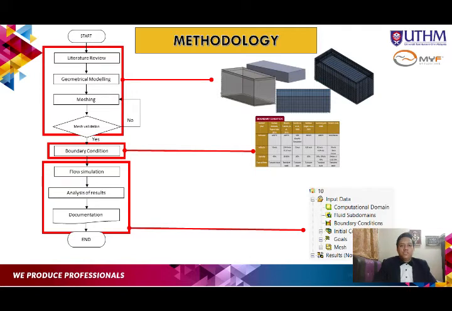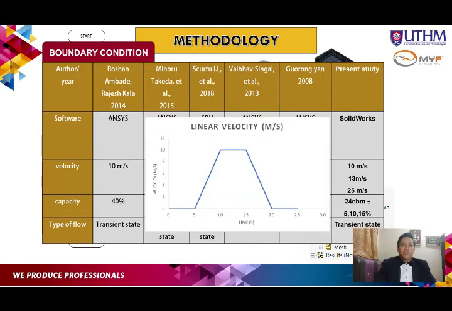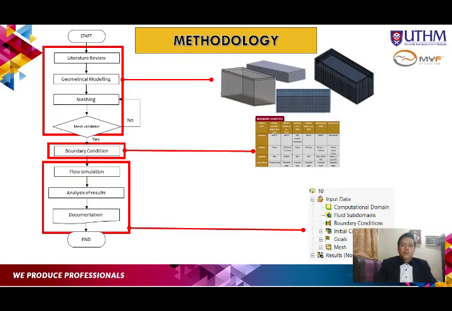For the present study, we use SolidWorks with velocities of 10 meters per second, 50 meters per second, and 35 meters per second, with the speed profile as shown in this figure, and the capacity of 24 cubic meters plus minus 5, 10, and 50% as stated in the previous slide. The type of flow in this study will be the transient state. And next, flow simulation, using SolidWorks 2019 Flow Simulation. Analysis of results also uses the same software, and lastly the documentation.